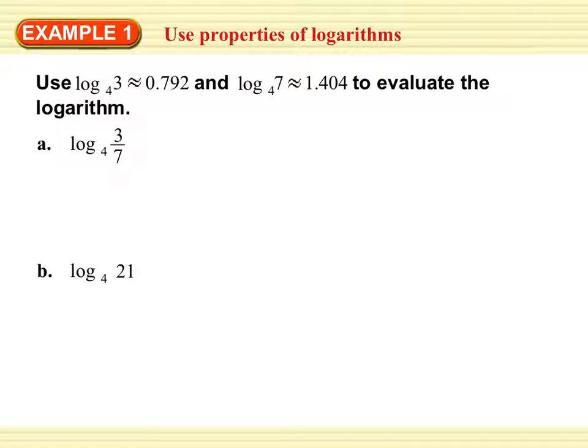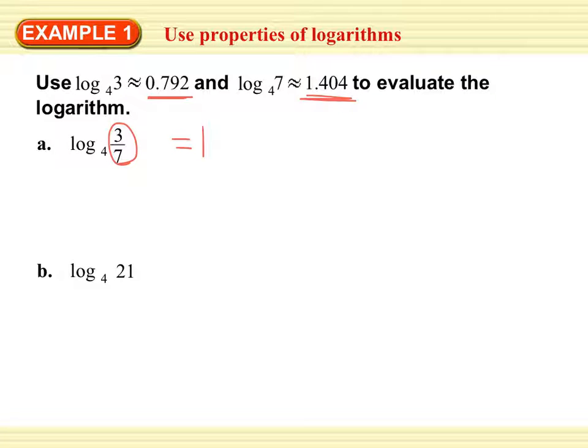All right, so let's use some of these rules to solve some problems. Okay, so I'm going to use the fact that log base 4 of 3 is approximately that, and log base 4 of 7 is approximately that to evaluate this logarithm. What I'm going to do here is the quotient property.